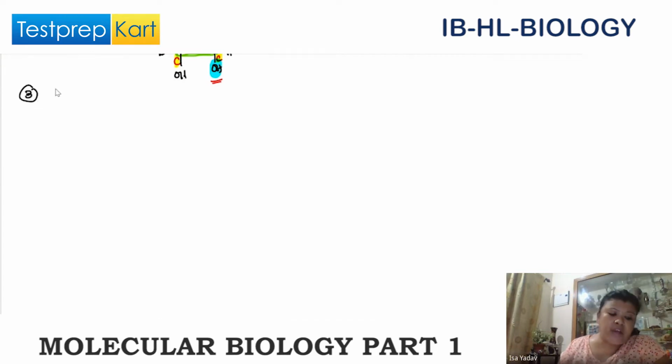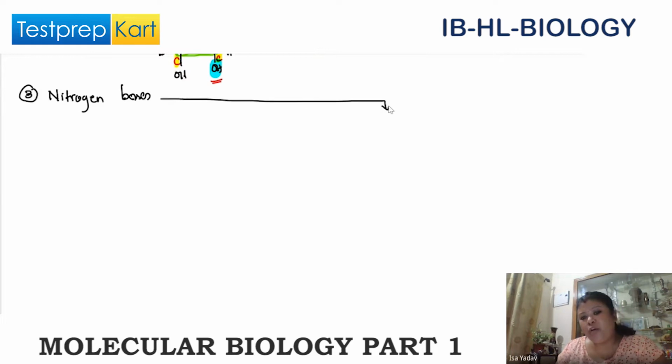We have our nitrogen bases. Nitrogen bases are of two types. One is called the purine nitrogen base, and another one is the pyrimidine nitrogen base.